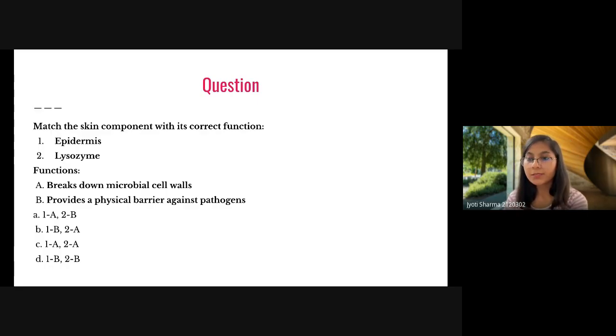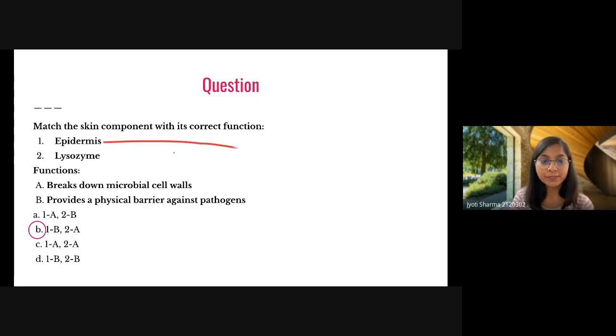Epshmita gave me answer B. Anyone else wants to give me the answer? Okay, so yes, the answer is B. We already talked about this: the work of the epidermis is to provide a physical barrier against pathogens, and this is the topmost layer of our skin.